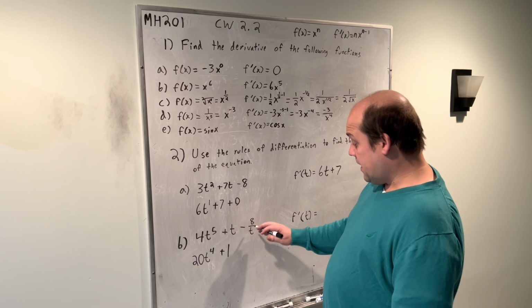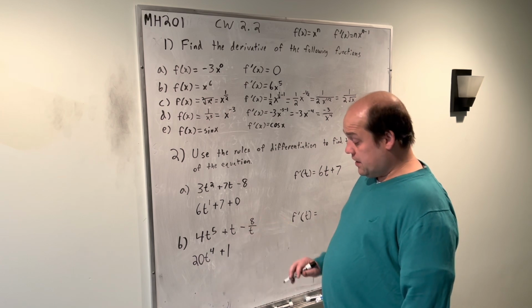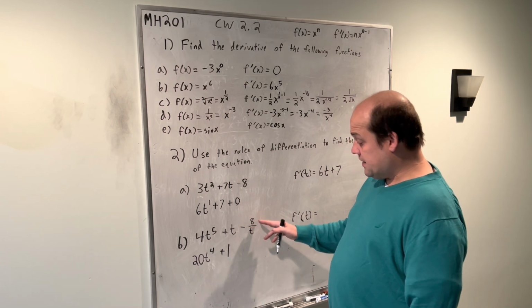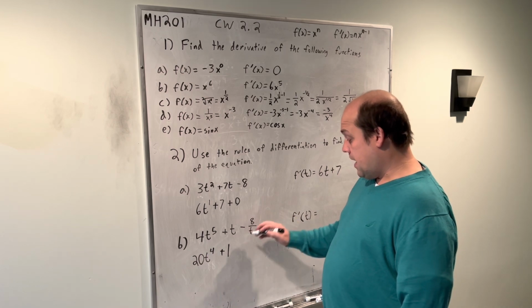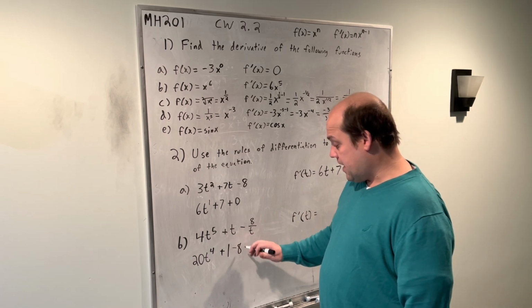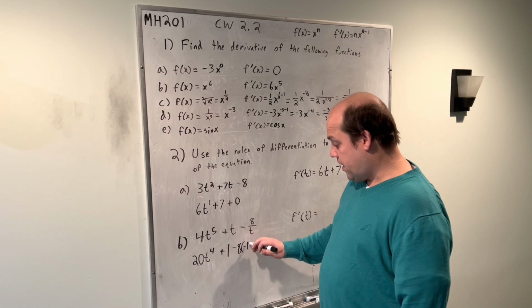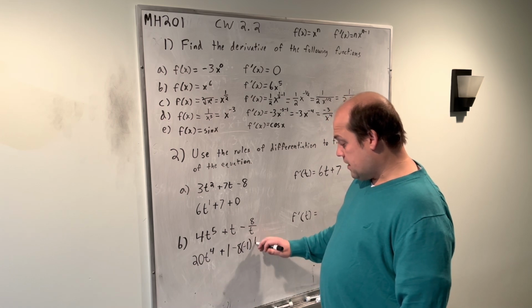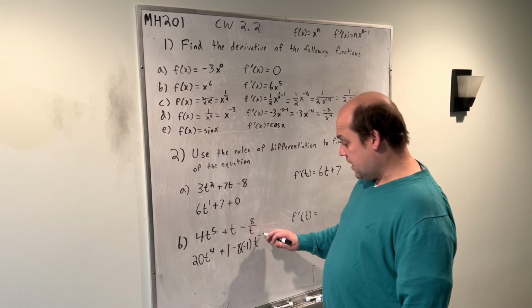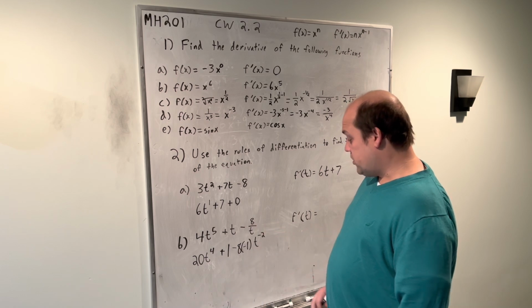Finally, this negative 8 over t, I should say, is really negative 8t to the negative 1. The negative 1 comes down, so there used to be a negative 8 here. It's multiplied by a negative 1, and then the power on t becomes negative 1 minus 1, which is negative 2.